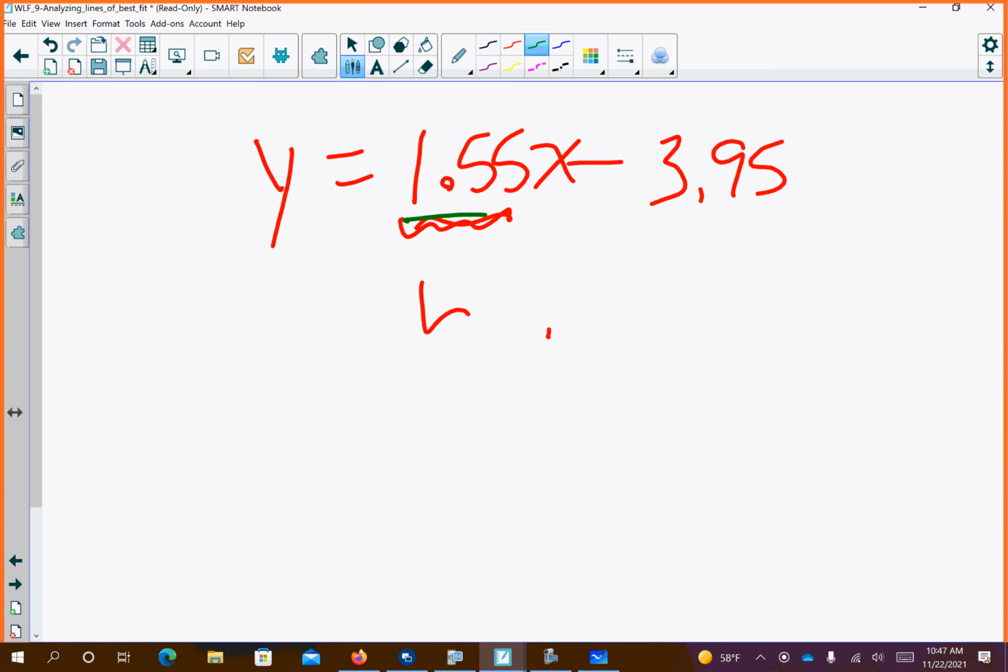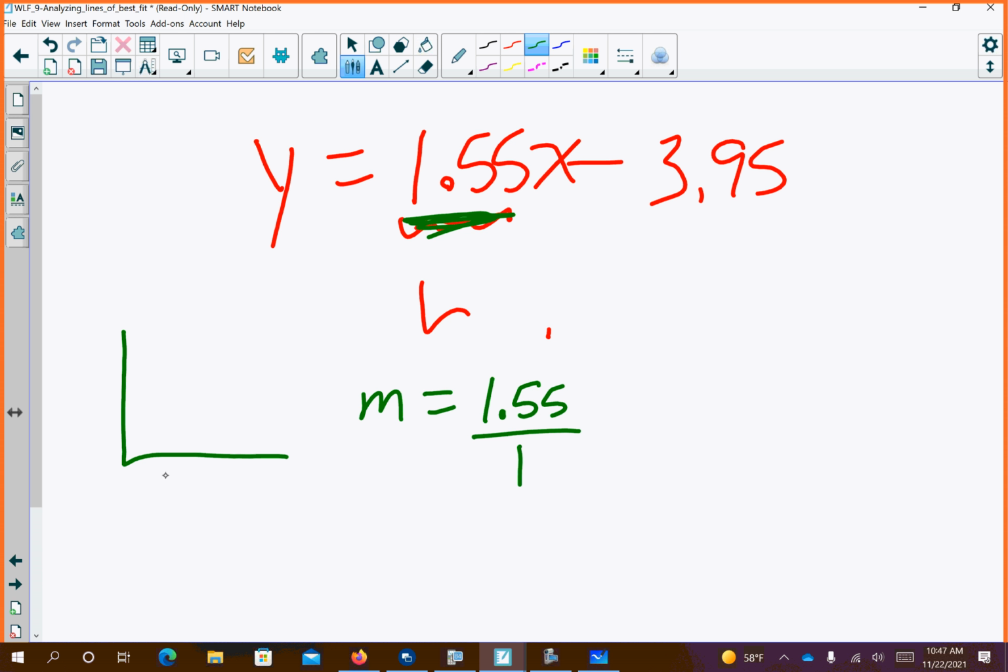There we go. Here's my slope. So my slope is 1.55, and we put it over 1. Remember, we said the x value was temperature, and this is number of people. So this is the y value over the x value.